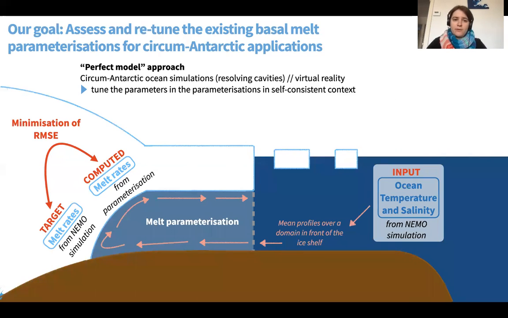So we use a perfect model approach where we use circum-Antarctic ocean simulations that resolve the cavities. And this is then our virtual reality in which we can tune the parameters in the parameterizations in a self-consistent context, which means that the input ocean temperature and salinity really matches the target or the melt rates at the ocean ice interface.